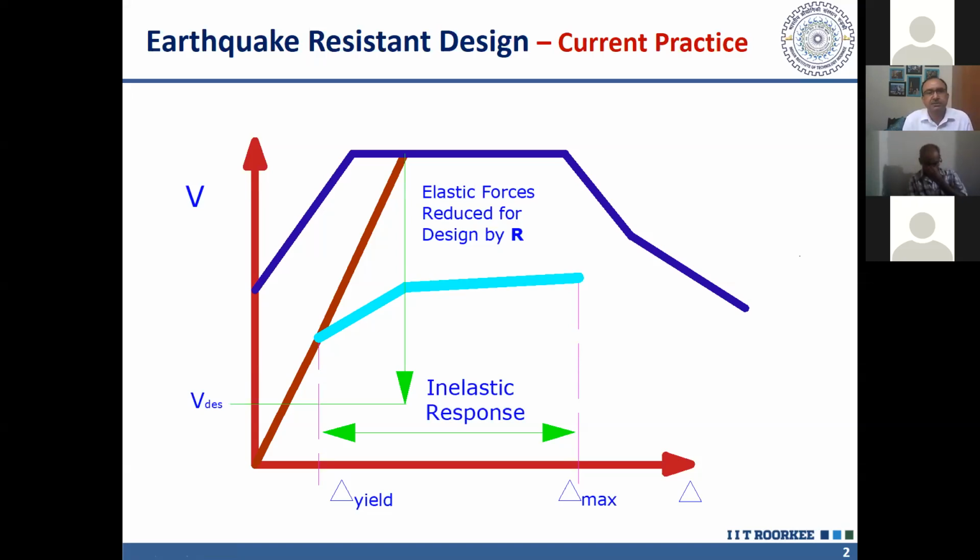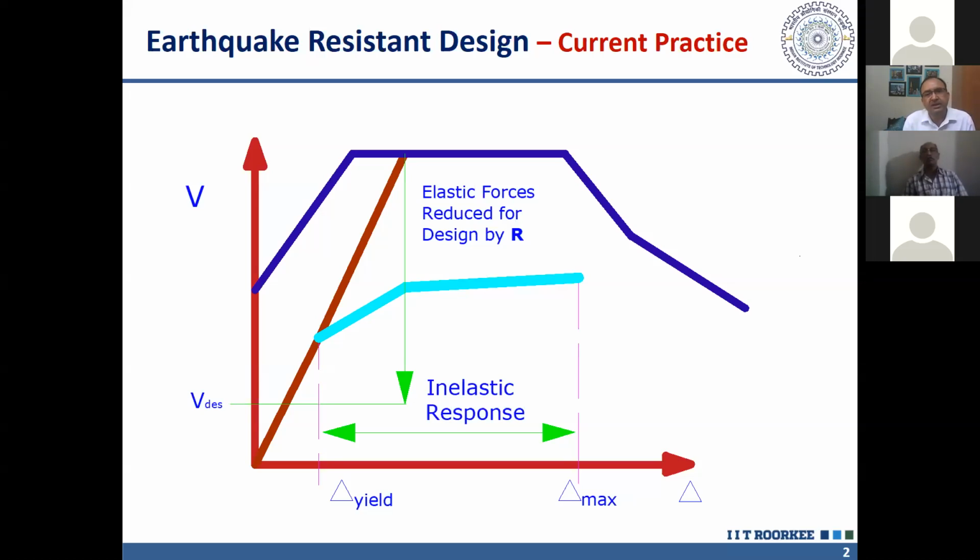So what happens when the structure is subjected to a force which is approximately 5 times? So it yields under that force, and we design our structures in such a way that those should yield but should not collapse. And because of the yielding, there is inelastic energy dissipation, hysteresis, and due to that hysteresis, the energy due to earthquake gets dissipated.